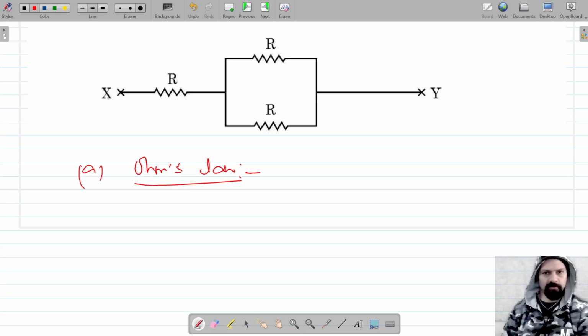That is, the potential difference across the ends of a given metallic wire in an electric circuit is directly proportional to the current flowing through it. The condition is that temperature remains the same.